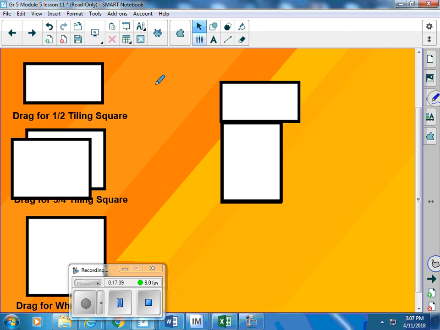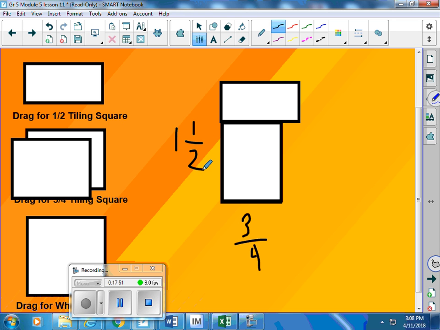So in your workbook, what we're looking at is 3/4 and 1 1/2. I'm not sure why the rectangle looks so different on here as it does in your problem set, but that's what it should be there.